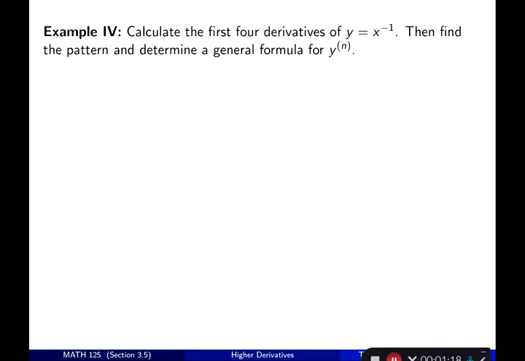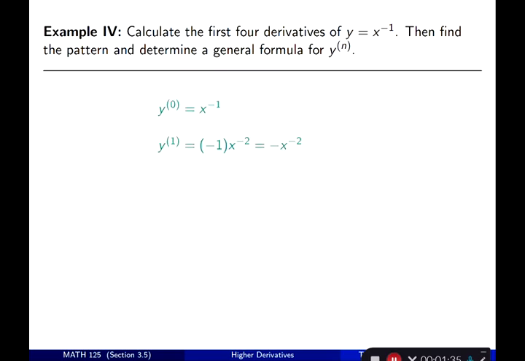Calculate the first 4 derivatives of y equals x to the power negative 1. Then find the pattern and determine a general formula for the nth derivative of y. So let's take the first derivative of y. By the way, if you have y to the parentheses 0, that means the function itself.